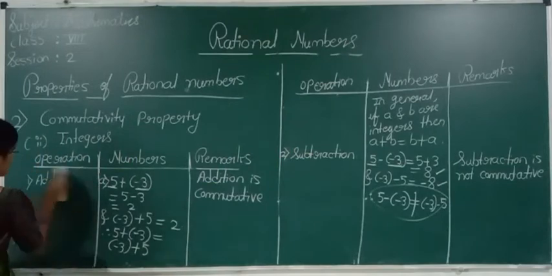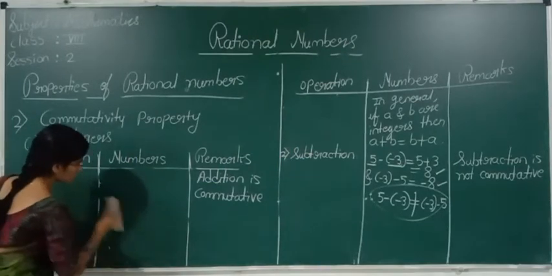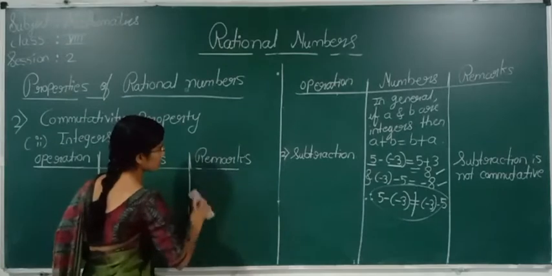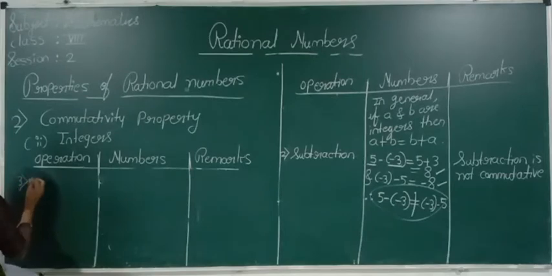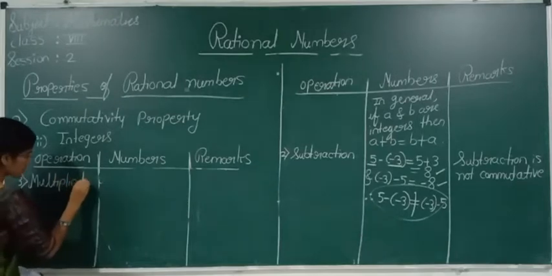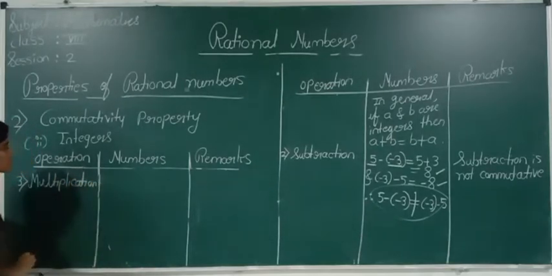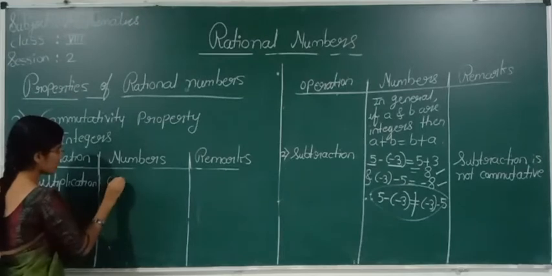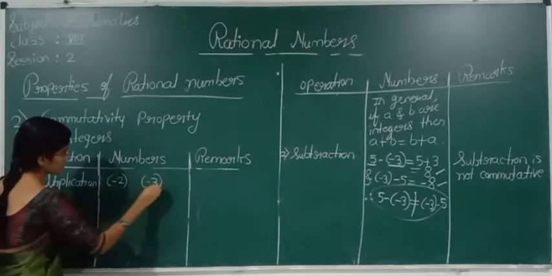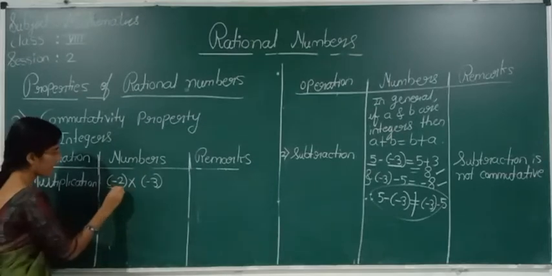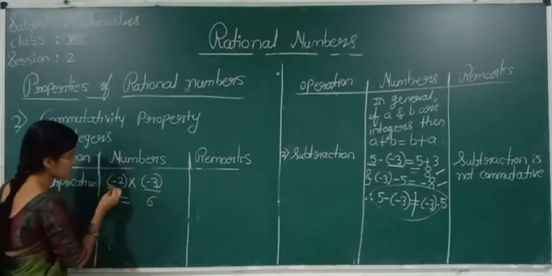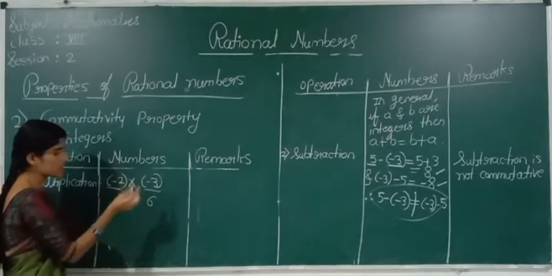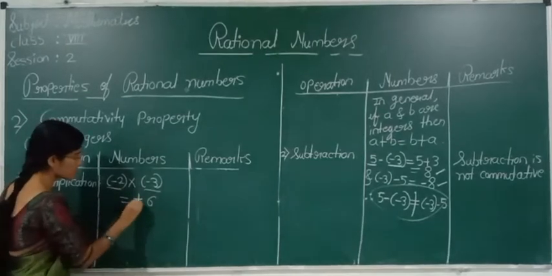Now we will check for multiplication. In the same way, we will check for multiplication. If I take two integers, minus 2 and minus 3, okay, now we will see whether a into b is equal to b into a. See here, 2 3s are 6. A negative integer multiplied by a negative integer is a positive integer.